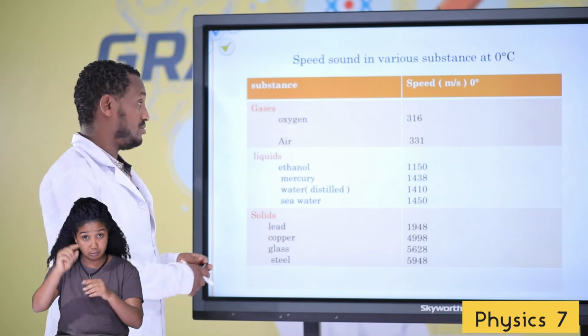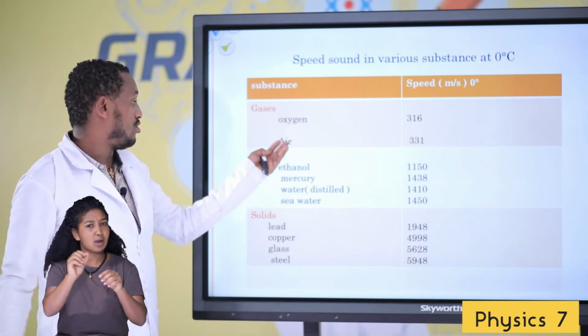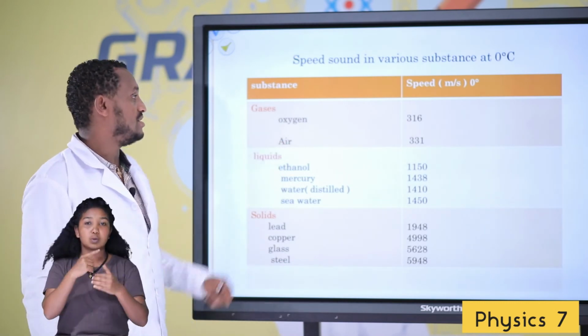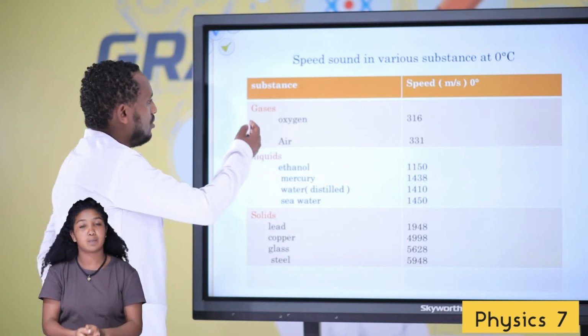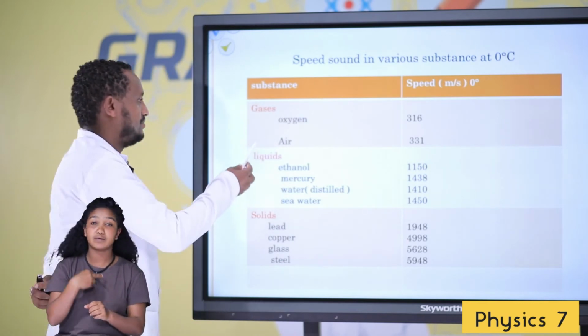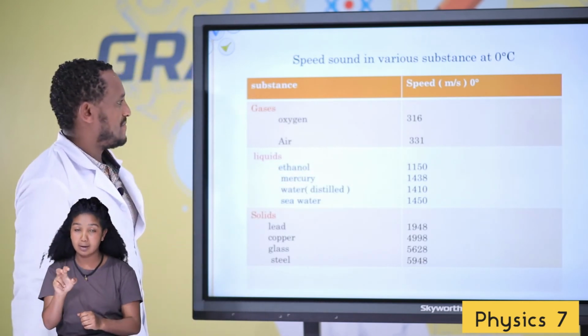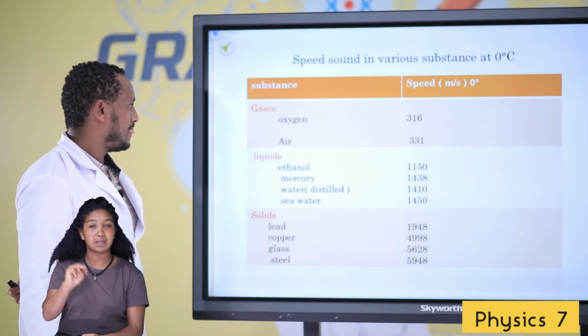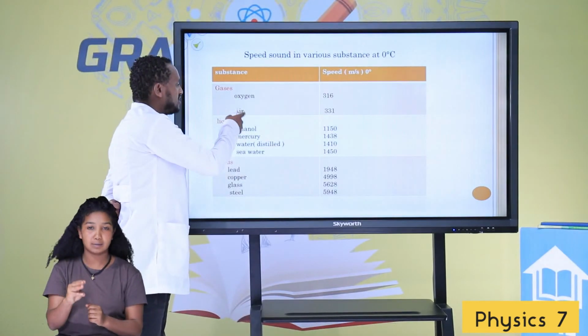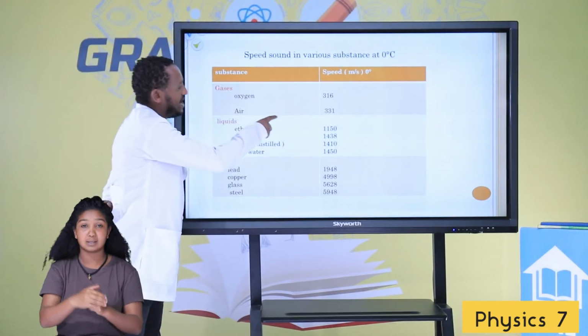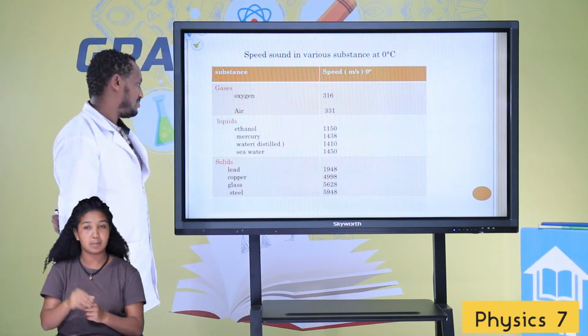Students, you know the difference between oxygen and air. Air is a combination of gases, but this one is one gas. The speed of sound in oxygen is 316 meters per second, and the speed of sound in air is 331 meters per second.